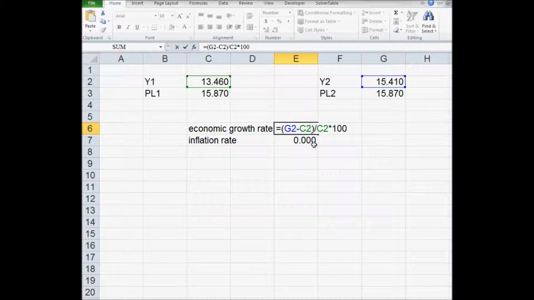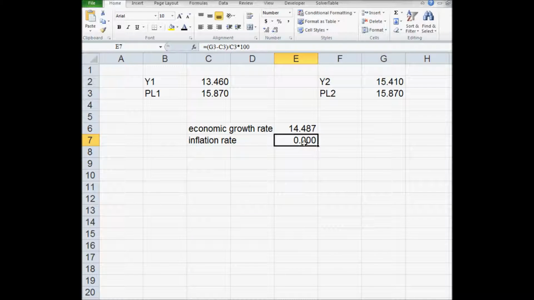The economic growth rate is the percent change in GDP, which is what GDP is minus what GDP was, divided by what GDP was, times 100. And the inflation rate is what the price level is minus what the price level was, divided by what the price level was, times 100.